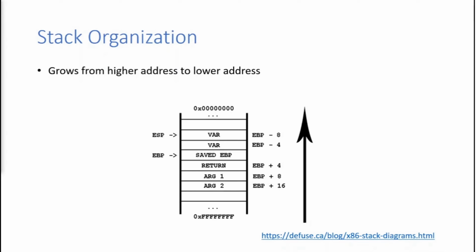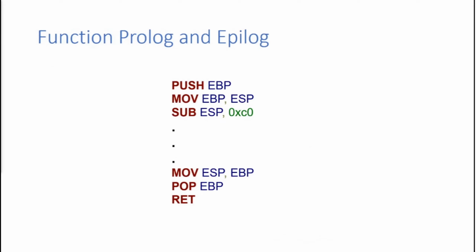The other common use of the stack is to temporarily save registers. In Intel-based CPUs, the stack grows from higher addresses to lower addresses. We will have a look at the in-depth organization of the stack within a program when we debug a program using GDB in the next module.